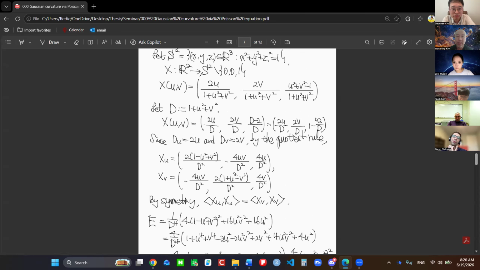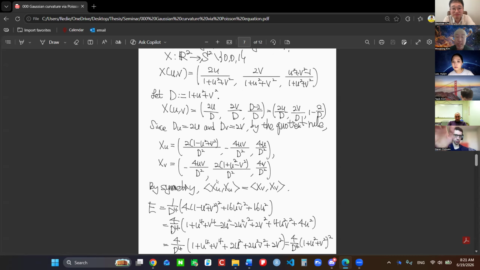So in this parameterization, xu and xv mean simply the partial derivative with respect to u and with respect to v. In this case it's a little bit different because I just set this d as 1 plus u squared plus v squared, but you don't have to do it.